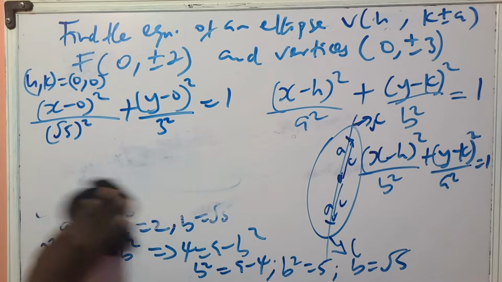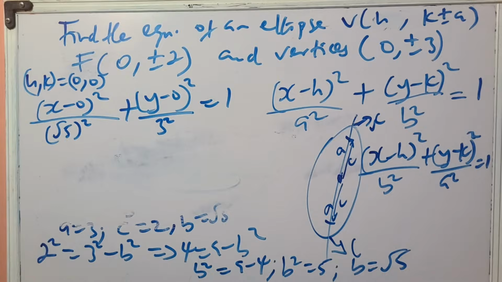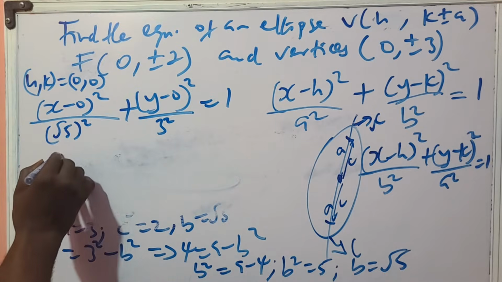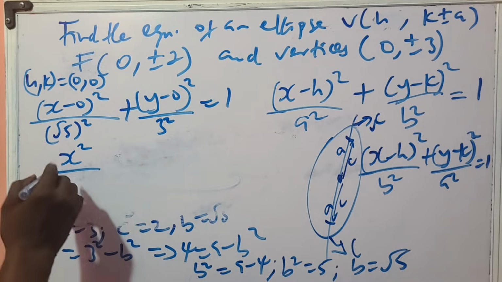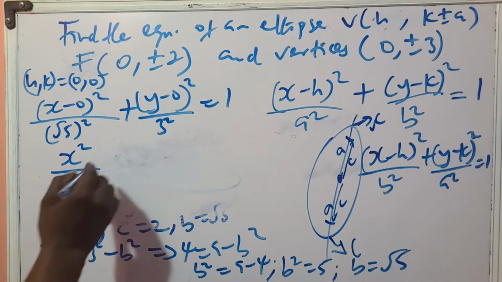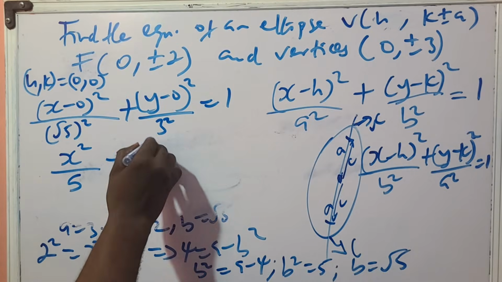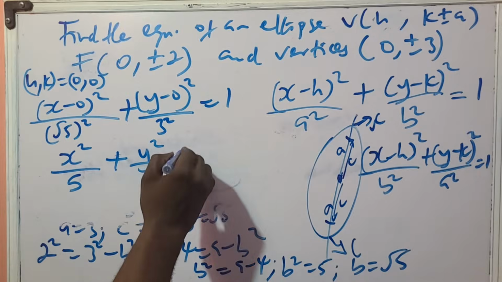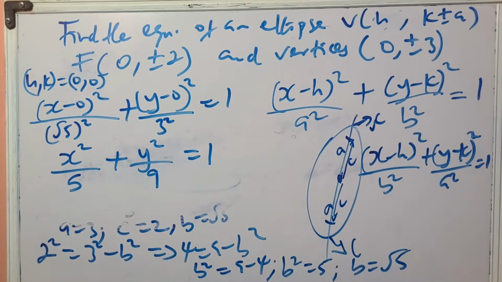And the final answer for the ellipse will be x minus 0 is actually x. That will be x squared over 5 plus y squared over 9 equals to 1.